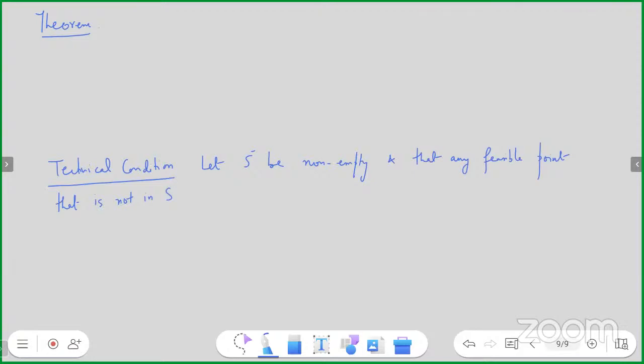All of S is the constraint set. I've extracted the interior and am calling it S minus. So any point which is not in the interior but feasible is not in S minus.